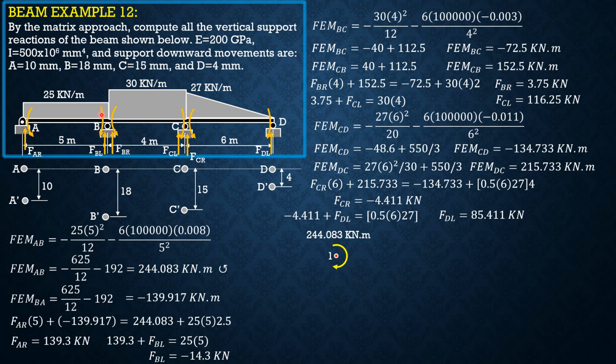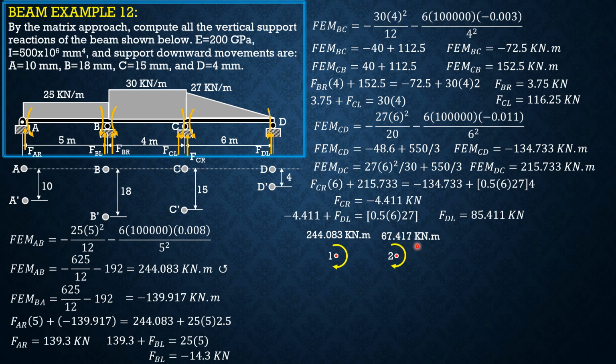Here, fixed moment BA is negative 139.917, then minus fixed moment BC, which is also negative, so negative 139.917 minus negative 72.5, or plus 72.5. The result is negative, and it is also clockwise.